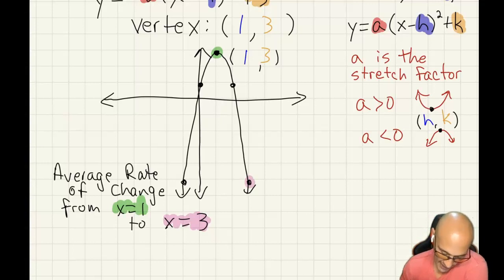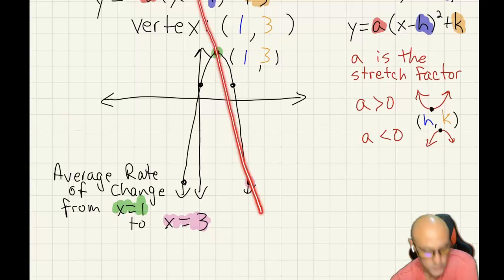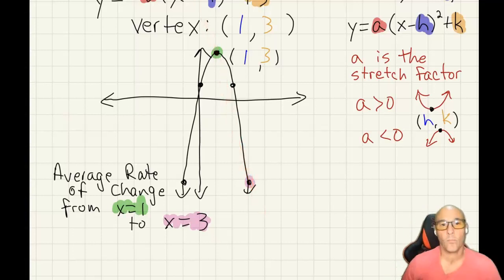Well, to calculate average rate of change, it's really just like the slope formula between those 2 points. So it's saying if we drew a line straight through those 2 points, what would the slope of that line be? That's really what it's saying.